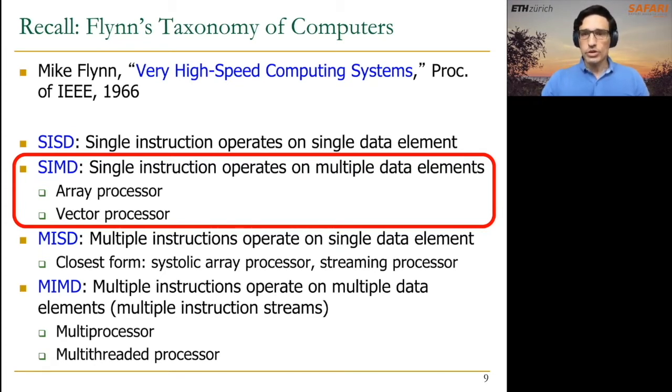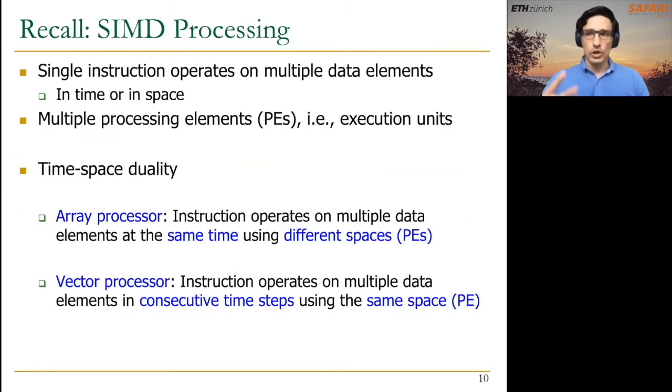Among these SIMD processors, we have seen in the course 2 main types, which are array and vector processors. Let's recap what's the difference between them. In an array processor, we have one instruction operating on multiple data and executing on different processing elements, on different spaces. On a vector processor, we have the single instruction execute multiple data in consecutive time steps, in the same space. I think this slide is very clear.